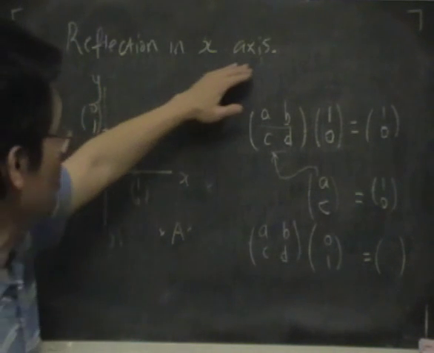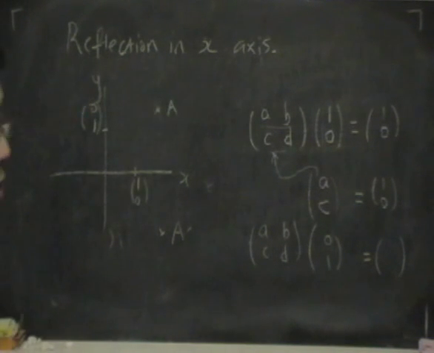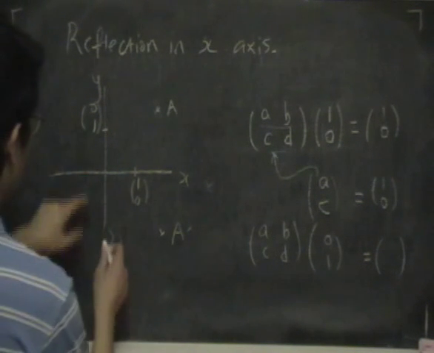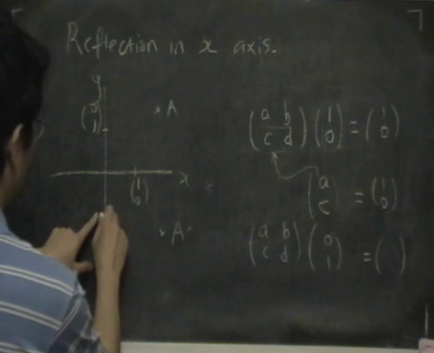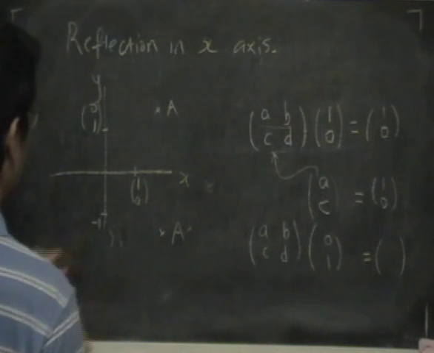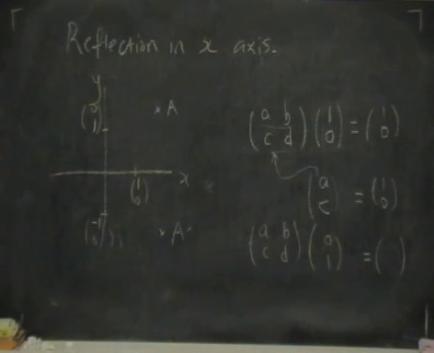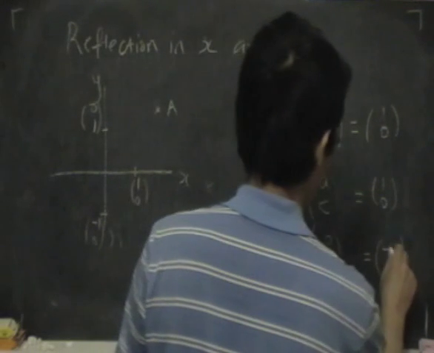Now since this is a reflection in the x-axis, the reflection of that point of the 1 would become -1 on the y-axis. So the image point is at 0, -1.